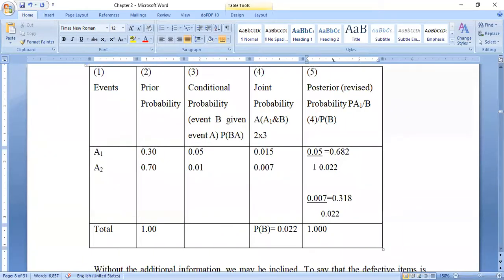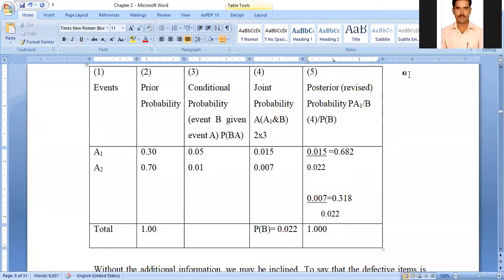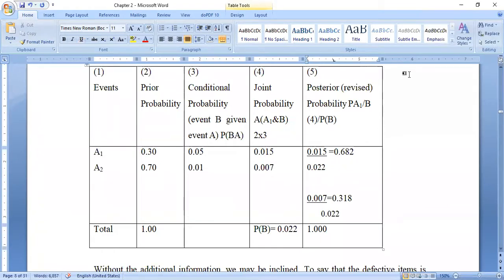So 0.015 divided by 0.022, and you will get 0.682. Then the same formula we apply for the second step also.